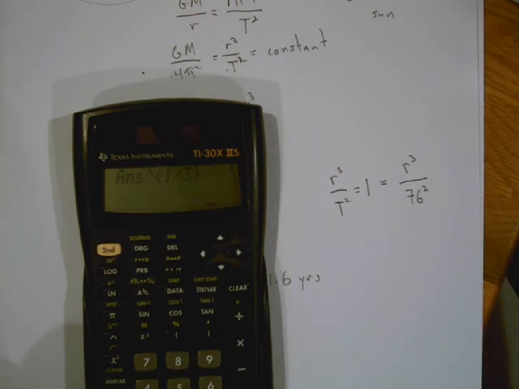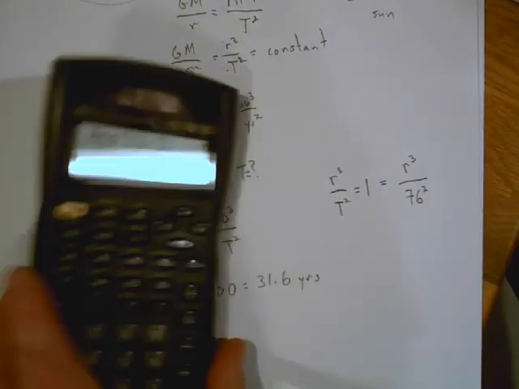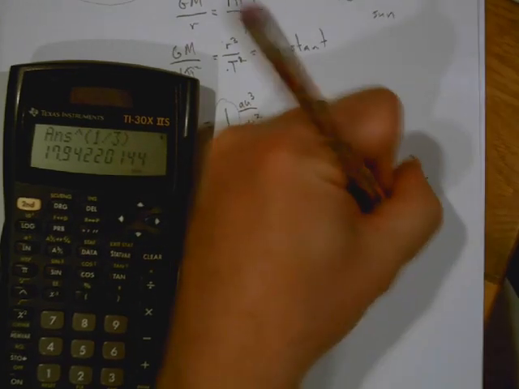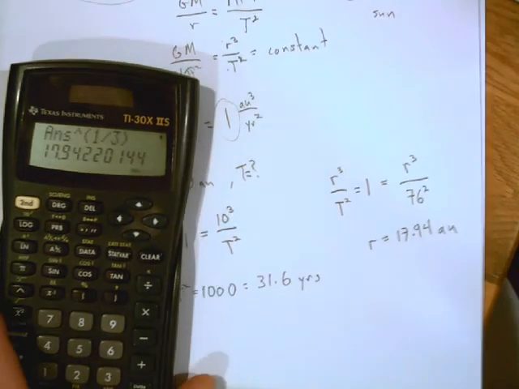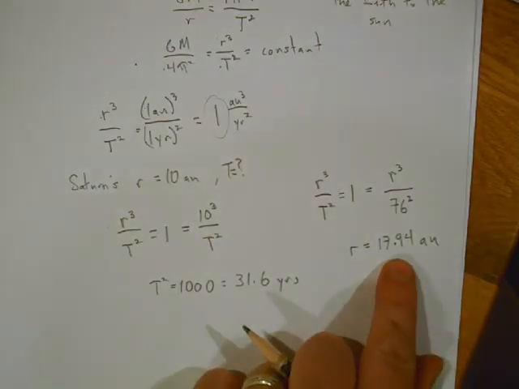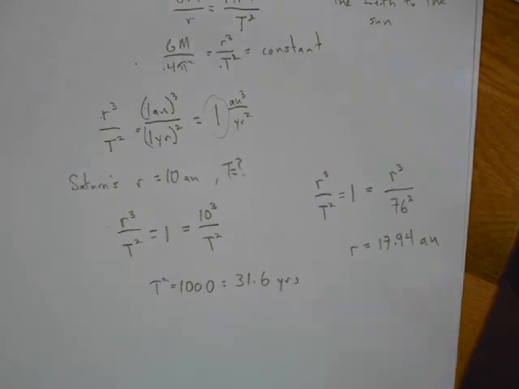If I raise that to the 1/3 power, that means on average it is just under 18, so 17.94 AUs. On average, Halley's Comet is that far from the Sun. Does that mean it's always that far from the Sun? No, because it's really an elliptical path. But that's pretty cool.